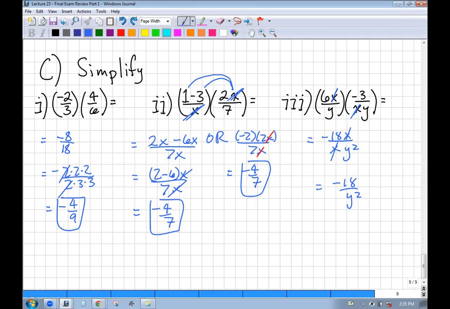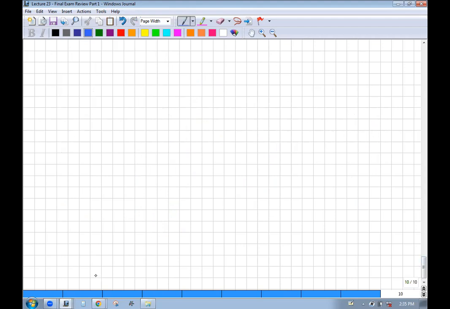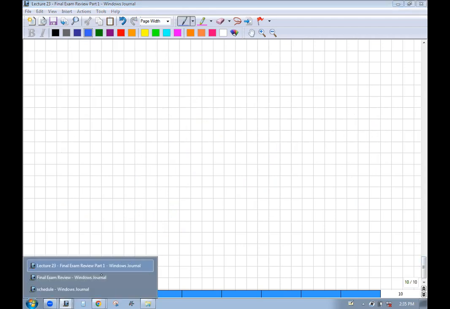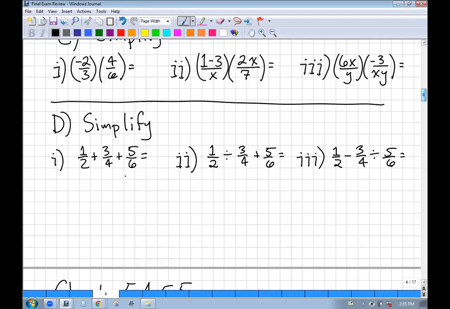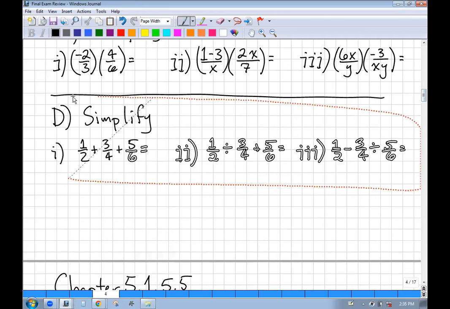We said, this is 18 with a minus, and then this gives us y squared. That's what we did in our head. And it's good to be able to write that down, because some things you can't do in your head, and you want to have the art of being able to write down what's in your head well, so you're good at it for when you can't do it in your head.